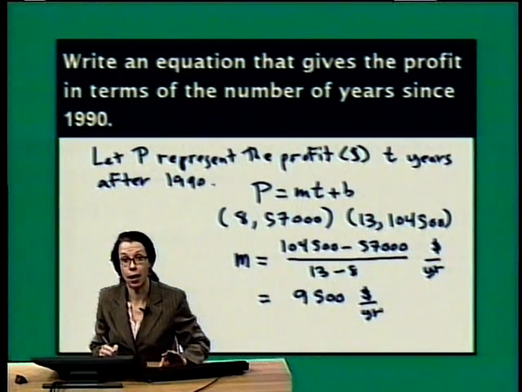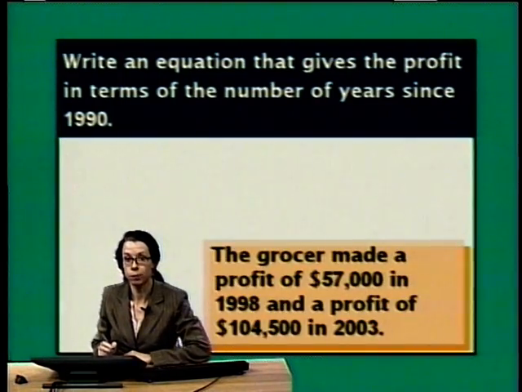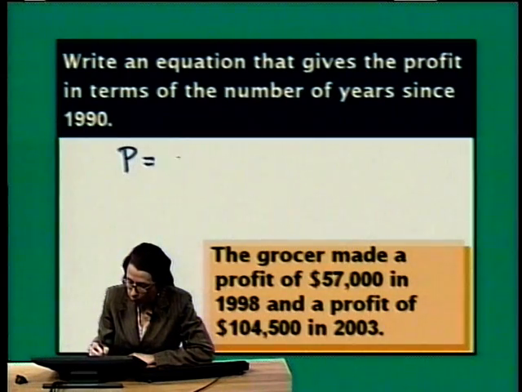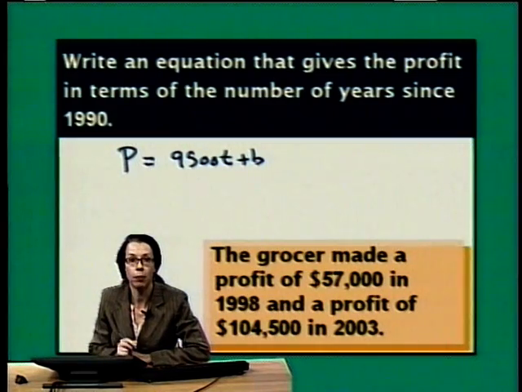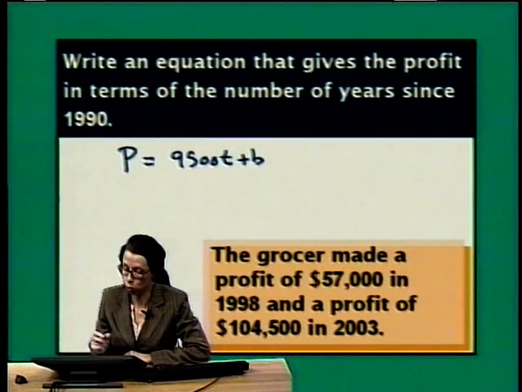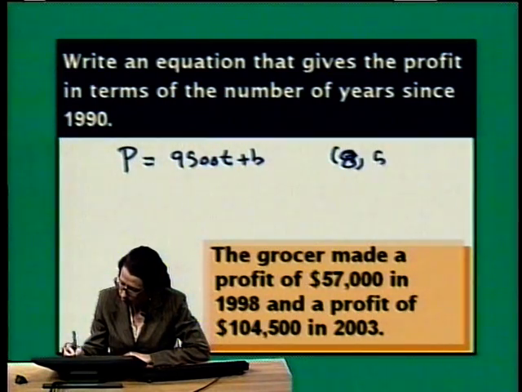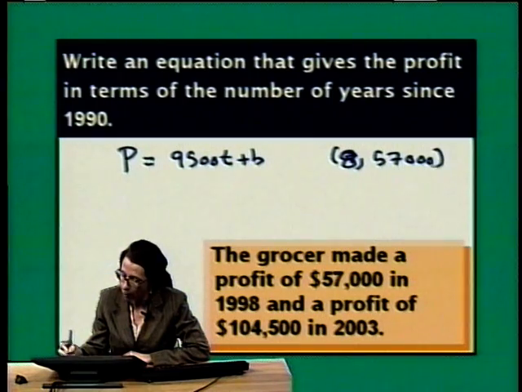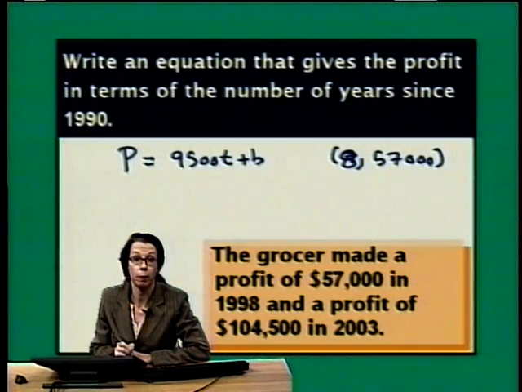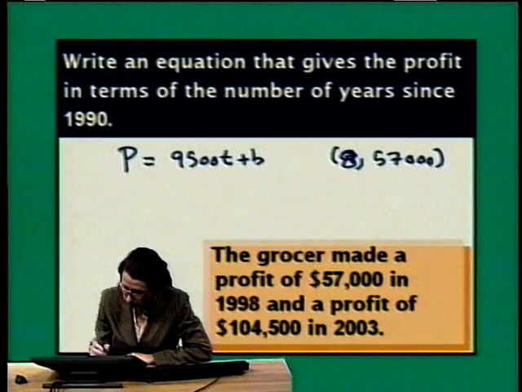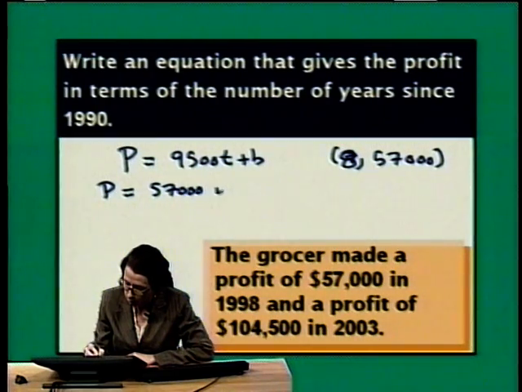So I have the slope. Now I need to find a value for B. So I have P equals 9,500 T plus B. I'm going to use one of my ordered pairs to determine B. I think I'll use the ordered pair 8, 57,000. P equals 57,000 when T equals 8.